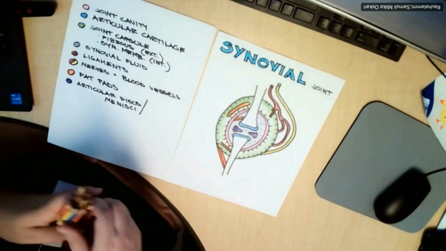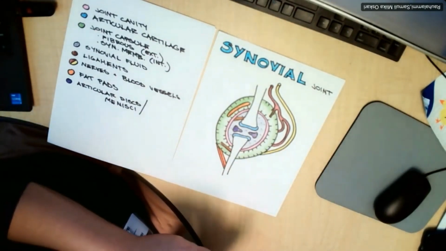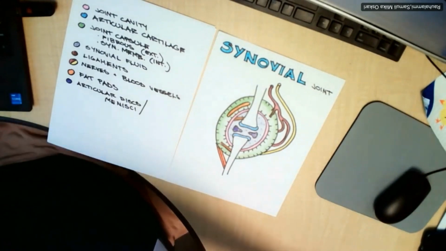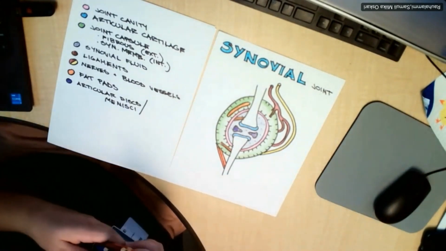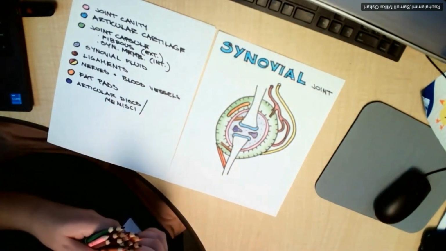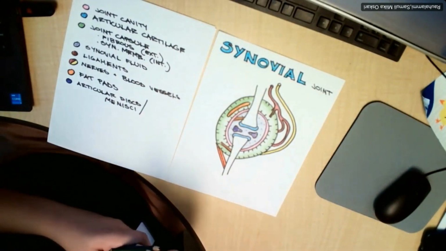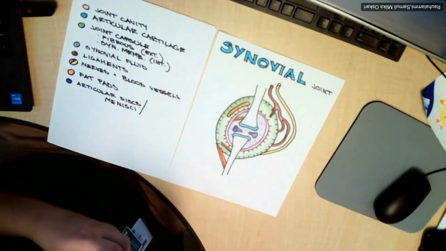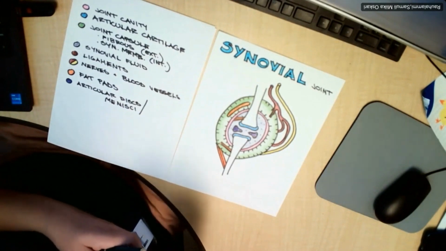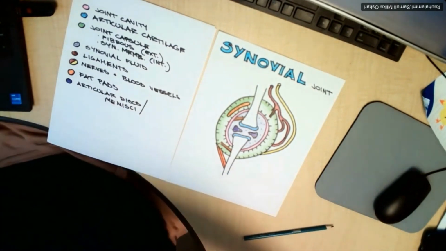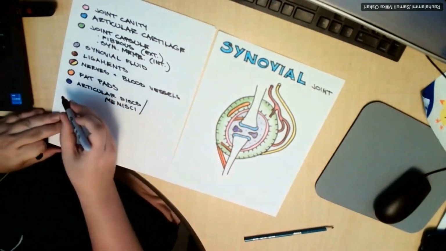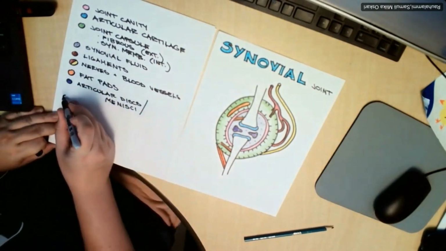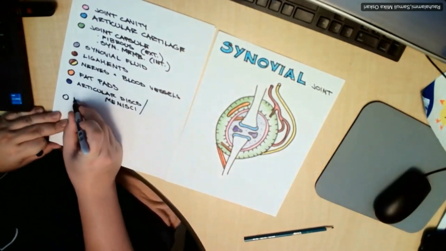I'm thinking what else to add, and I can only think of one more thing that we've not really discussed. I'm just looking for a good color to illustrate that, one that would help us highlight it, and I think we haven't used that color. So let's add a bursa into this diagram.